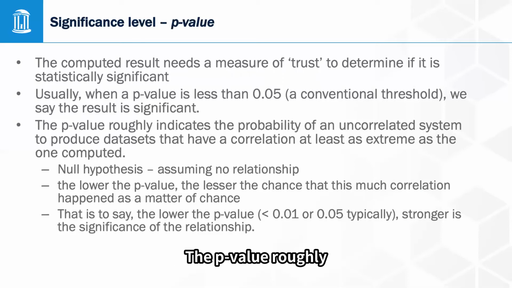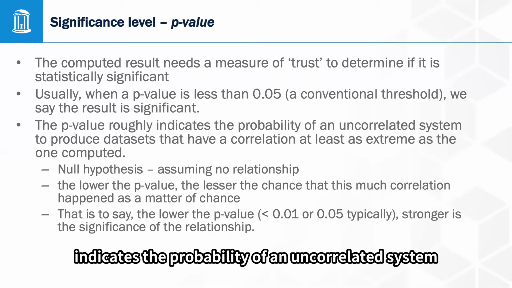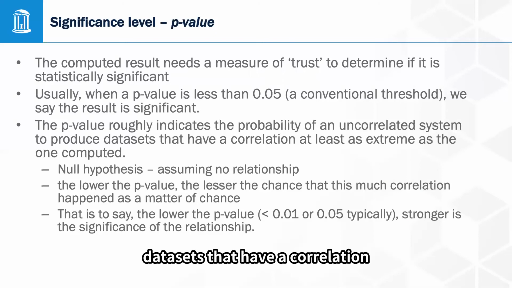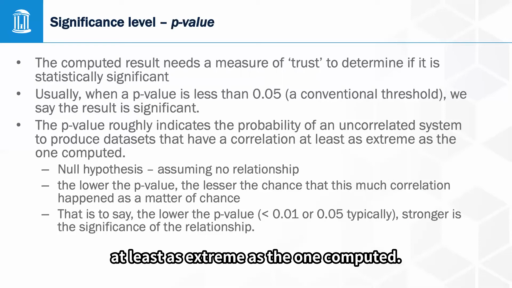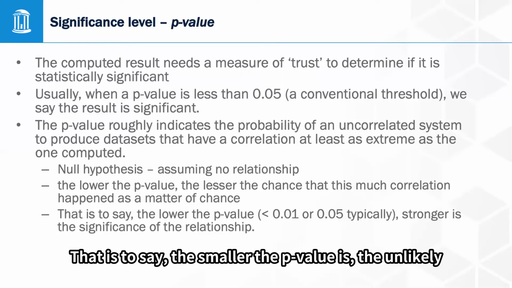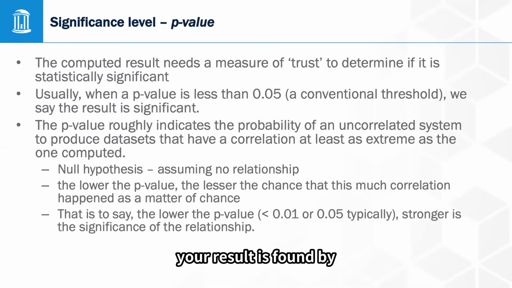The p-value roughly indicates the probability of an uncorrelated system producing a dataset that has a correlation at least as extreme as the one computed. That is to say, the smaller the p-value is, the more unlikely your result was found by accident.